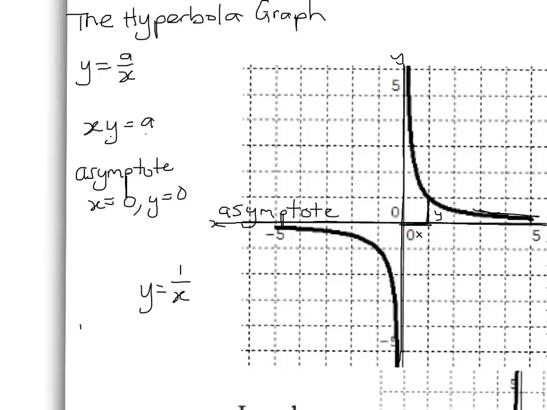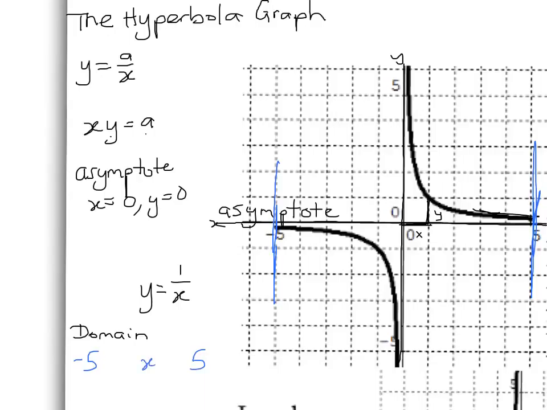You can also write in your domains of these graphs. They are symmetrical. Our domain, our x values, let's use a blue, our x values go from here to here. So they extend from -5 to 5.